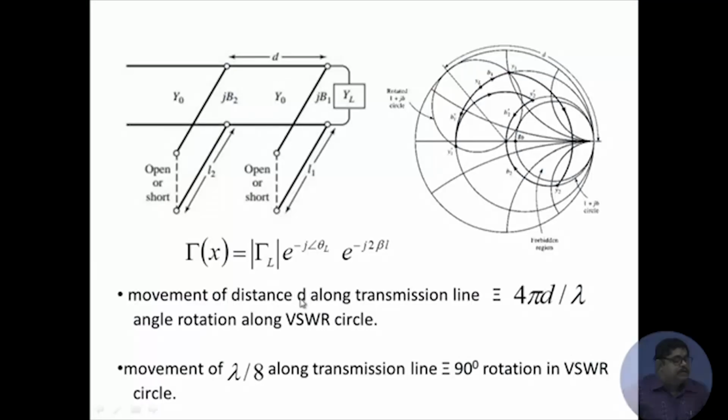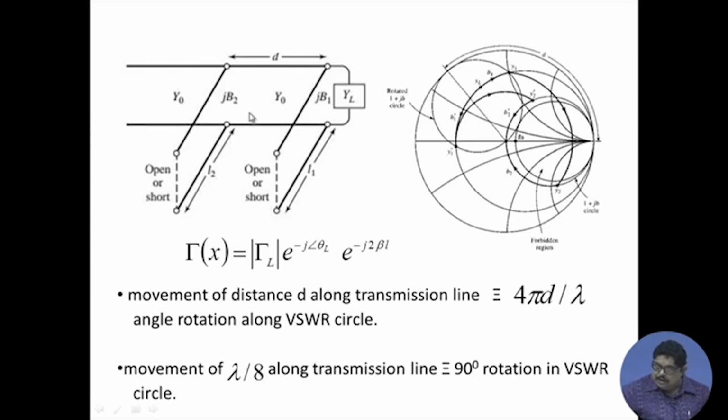So, if this distance d is lambda by 8, then the movement is 90 degrees. If it is 2 lambda by 8, this is 180 degrees, and 3 lambda by 8 is 270 degrees. Why am I saying this? When these d's are fixed, generally they are taken as lambda by 8 or 3 lambda by 8. That means 90 degrees or 270 degrees.